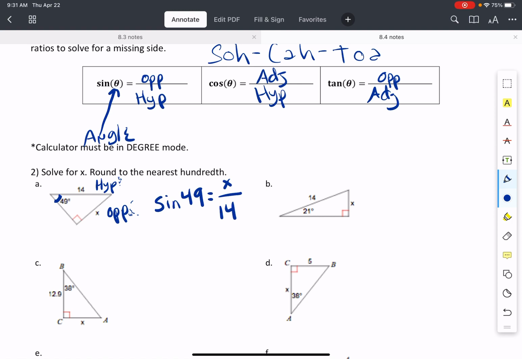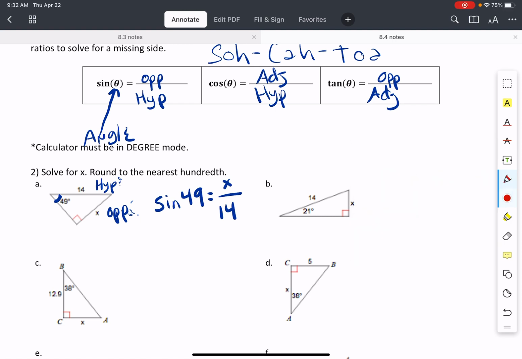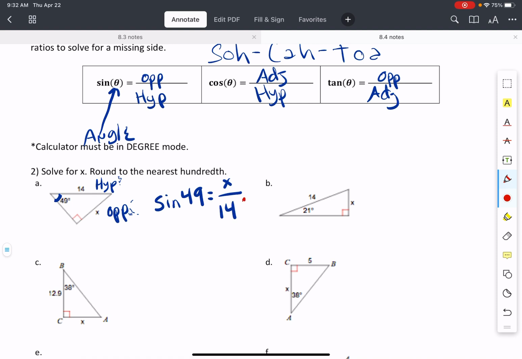So the 49 is my angle, right? So that replaced my theta. And then my sine equals opposite x over hypotenuse 14. Good? Is x alone? How do I get x alone? Times it. It is being divided, so I'm going to times the 14 on both sides.